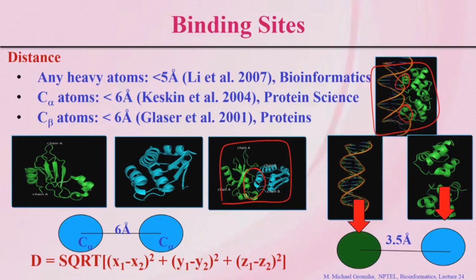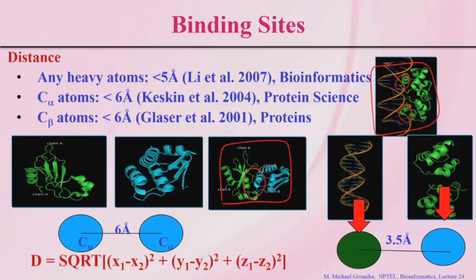For having a uniform representation of these binding site residues, you can define the binding sites using distance-based criteria. For example, you can use the C alpha atoms, or C beta atoms, or any heavy atoms. Based on that we define the distance between these two atoms.